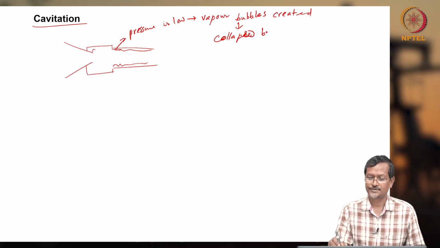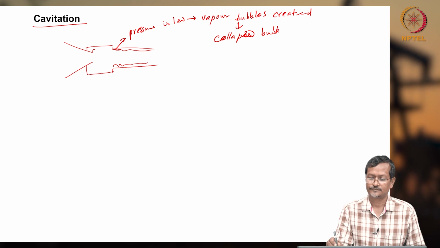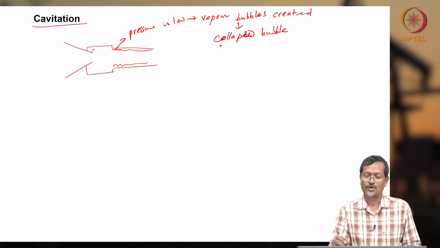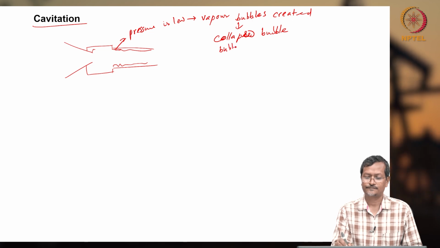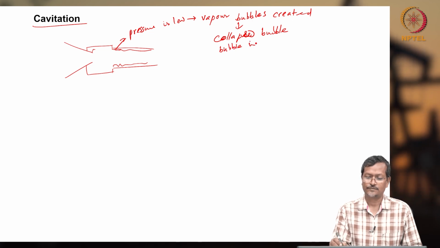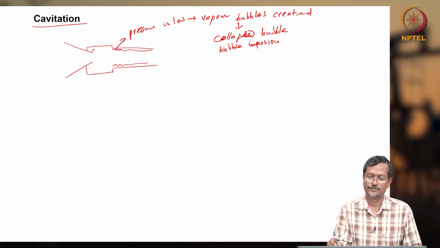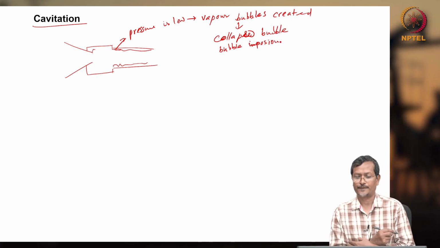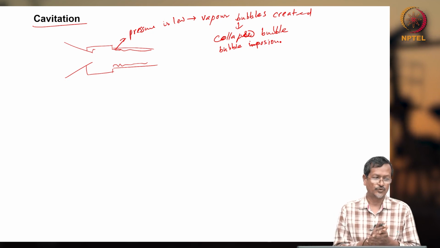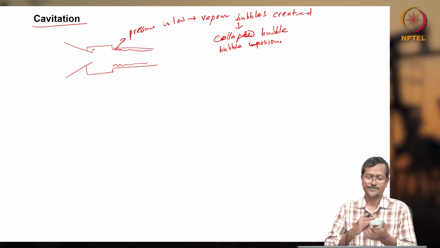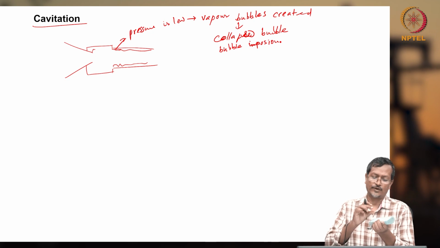Collapsed bubbles. Okay, bubbles will collapse, or bubble implosion will be occurring. So when bubble implosion occurs, let's say this is the surface and bubbles are imploding, what will happen?